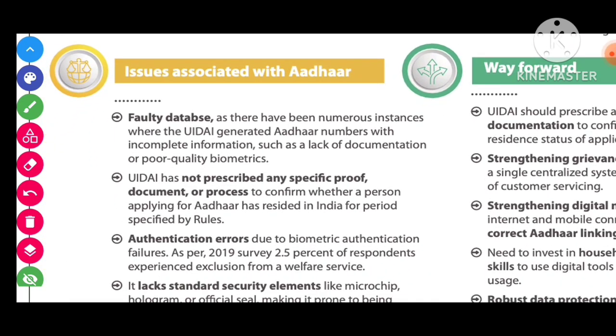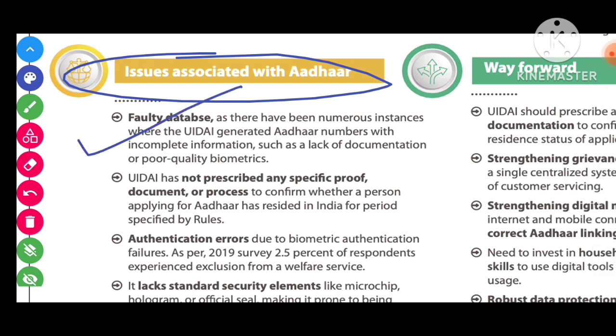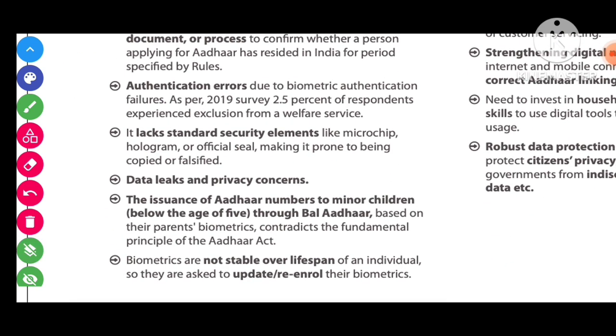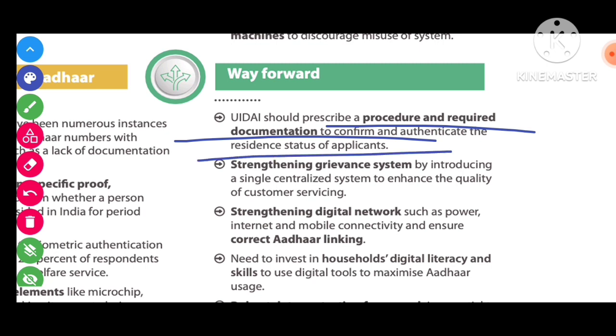Okay, and issues associated with the Aadhaar, that is faulty database, not prescribed any specific group, document or process, and authentication errors, lacks standard security elements, and data leaks and privacy concerns, and not stable over lifespan. So remember this. Okay, and way forward, the UIDAI should prescribe a procedure and require documentation to confirm and authenticate the residence status of applicants.